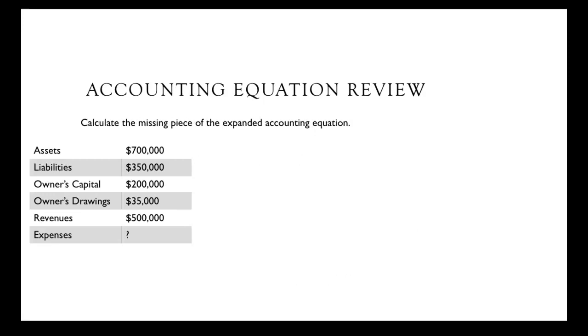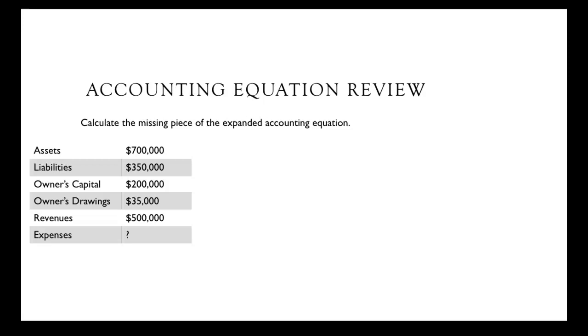Now, in this next problem, we need to figure out the missing piece of the expanded accounting equation. So we're no longer thinking just the basic accounting equation that we were working with in the last problem. Now we need to think about the full expanded accounting equation.